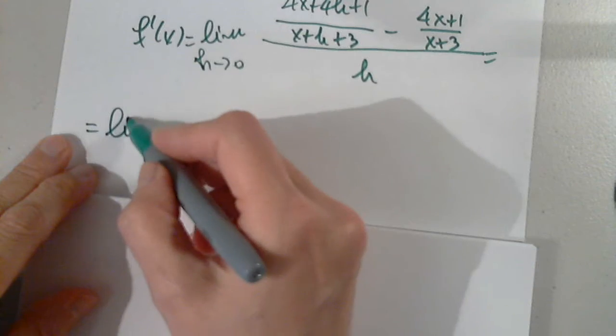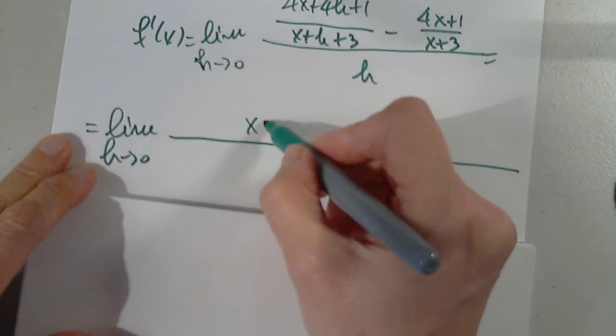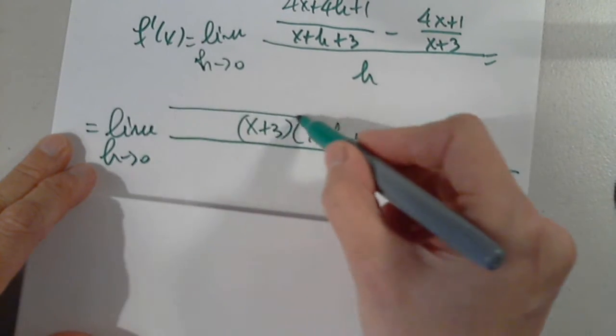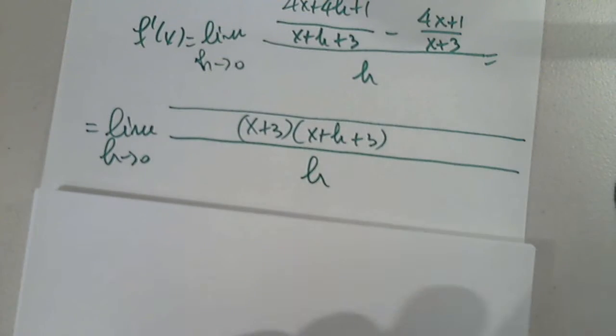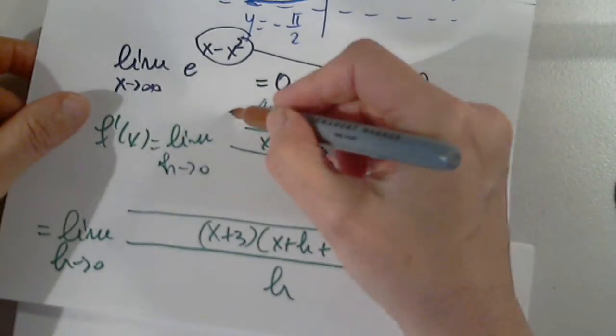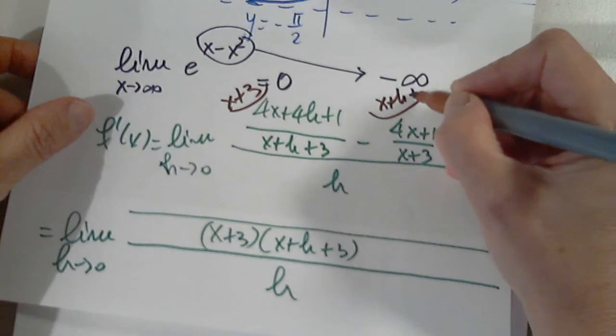So this is the limit as h approaches 0, and this is x plus 3, x plus h plus 3. Watch me run out of time and paper on this one. I always do. Okay, so then this needs an x plus 3, and this needs an x plus h plus 3.